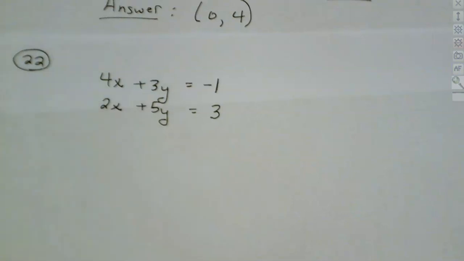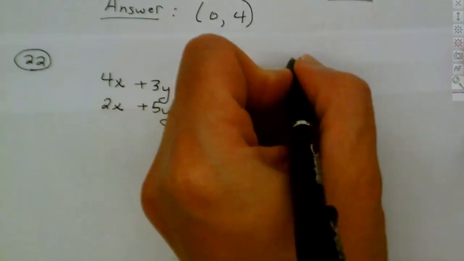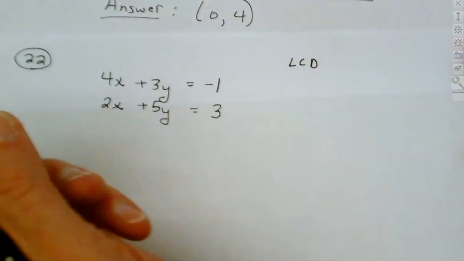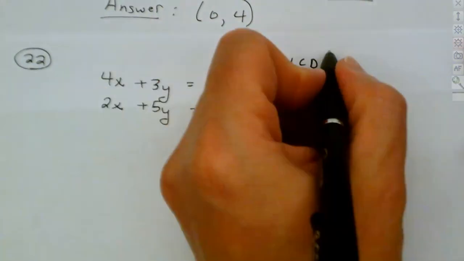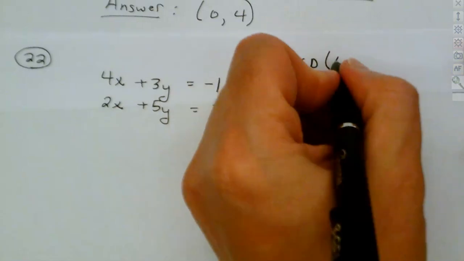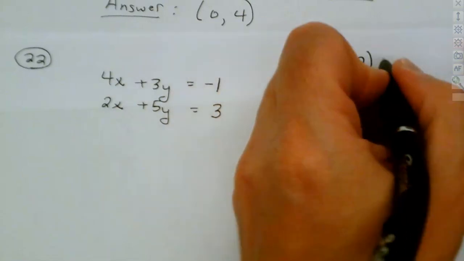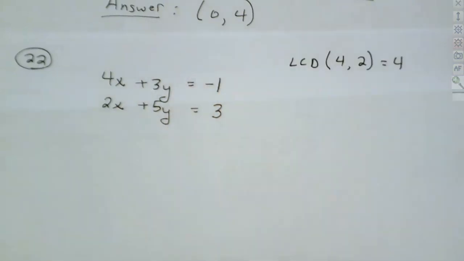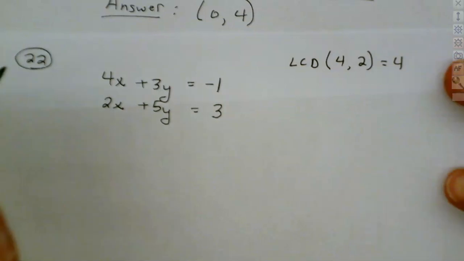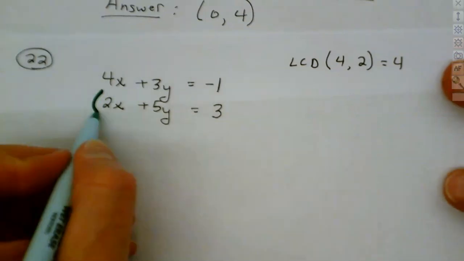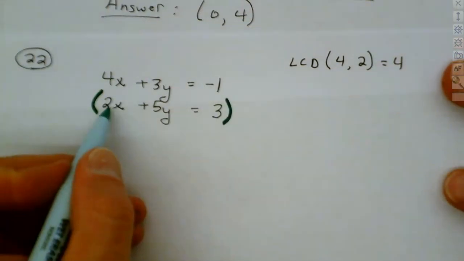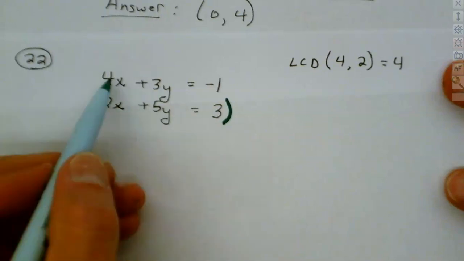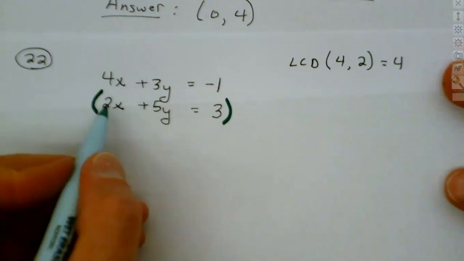And how do I figure out what number to use? Well, look at it as a least common denominator. The least common denominator of 4 and 2 is what? 4, right? It's the least one that will go into both. So we're going to eliminate for this variable x. And I need to make sure that I get a negative 4 here. So this one's a positive 4. I want this one to be negative so it cancels out.